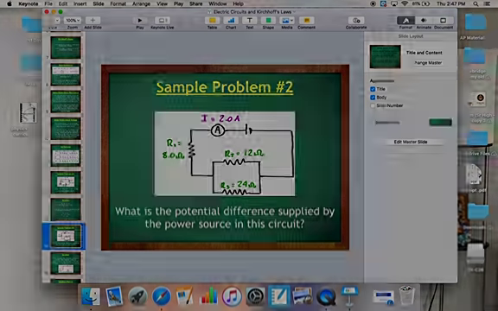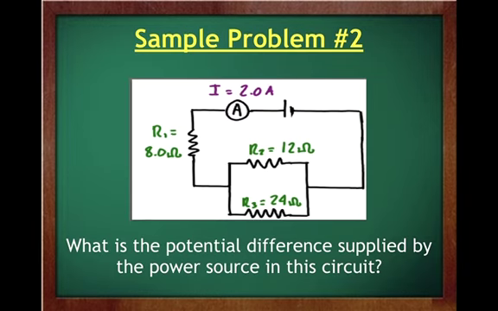Okay, let's take a look at sample problem number 2. I think the longest part of this video will just be waiting for me to have to redraw these diagrams on my whiteboard. Okay, so this one is kind of a combination, but we do have here a set of resistors in parallel, and then a second resistor that would kind of be considered in series because you have to pass through that one.